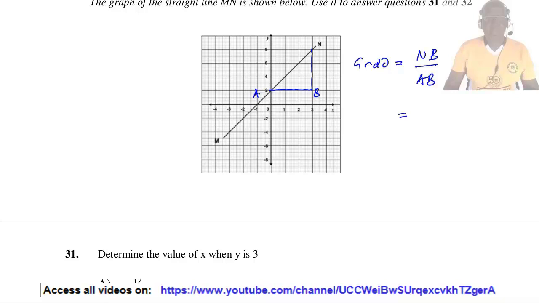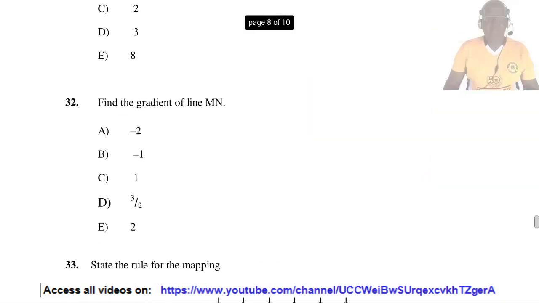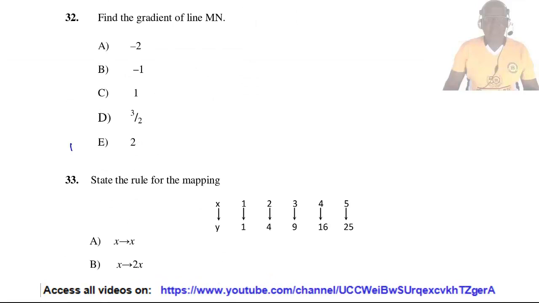NB equals 8 minus 2, which equals 6. And AB equals 3 minus 0, which equals 3. So 6 divided by 3 is 2. So the gradient is 2. So the answer is E.